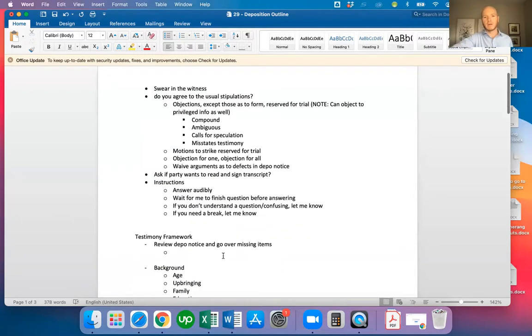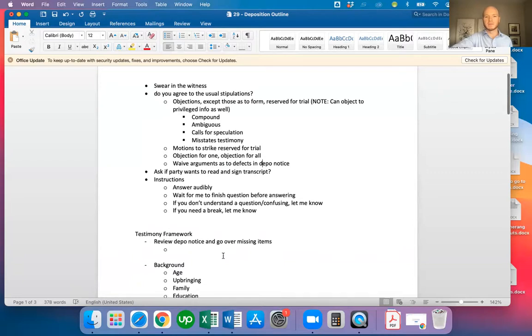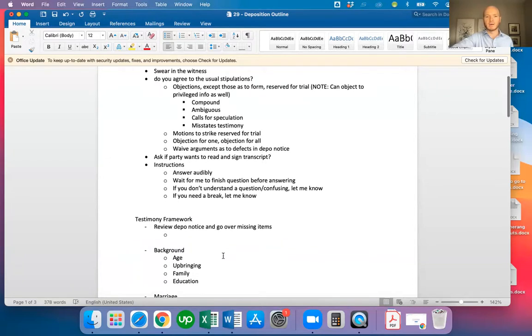And then you're going to get more into the substantive content of what you are going to ask. Although before you get into the substantive stuff, you'll also want to review the deposition notice, particularly if the other side failed to provide certain documents that were requested in the deposition notice. There's oftentimes a Schedule A that's attached that says, you have to bring me tax returns, bank account statements.